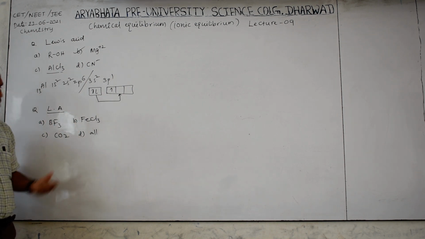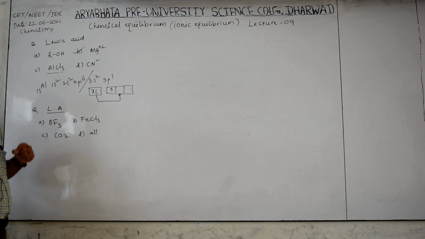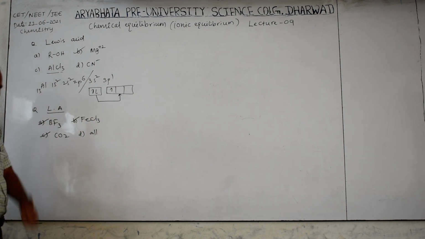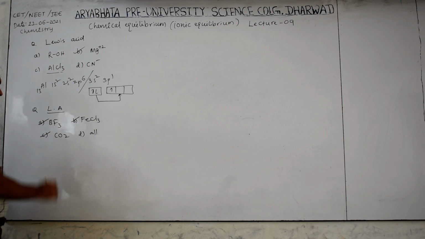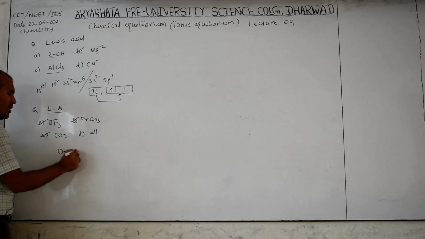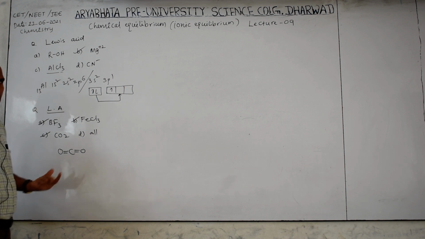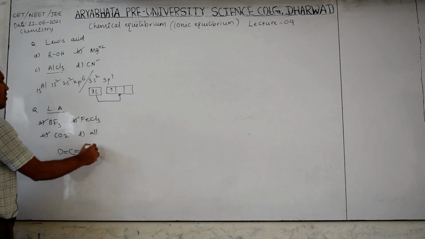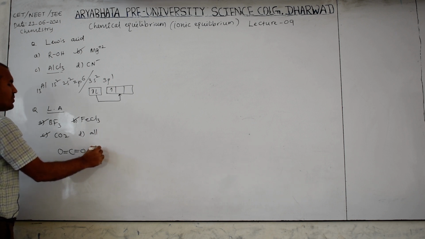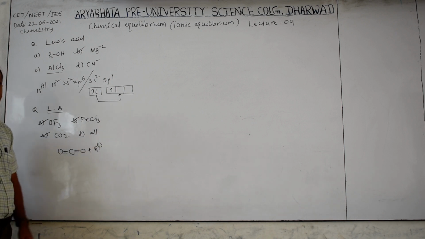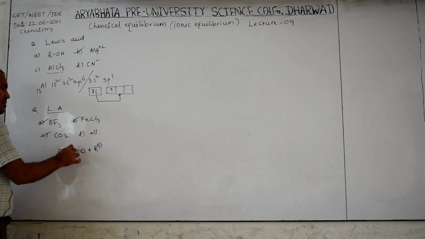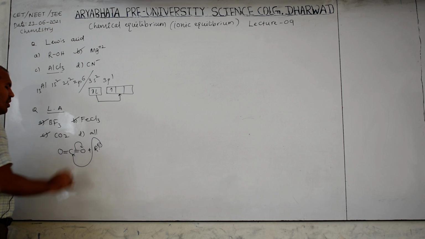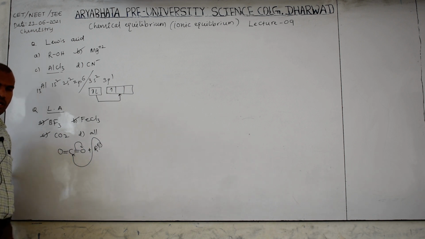Generally d-block elements also have vacant d orbitals. Then in CO2, what is the vacant orbital? If you write its structure, it is C double bond O. Anyway, the octet is already satisfied, but if an electron donor or negatively charged species is there, then the pi electron shifts toward the electronegative atom, and this lone pair will be donated to carbon.